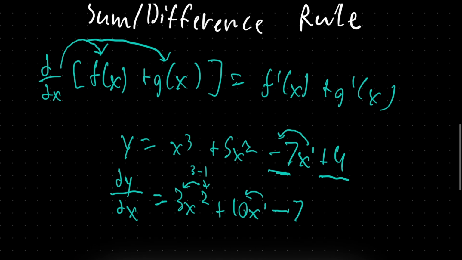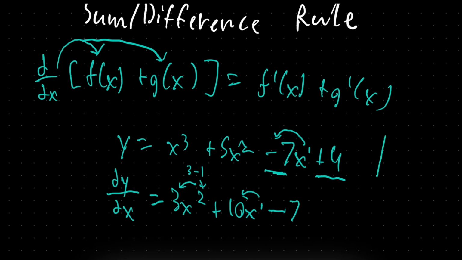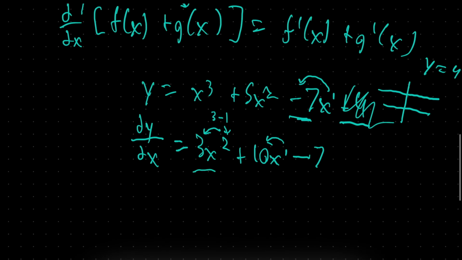Well, you don't really need a rule for this, but if you have a function that's just y is equal to 4 the entire time, the derivative does not change with respect to x, right? So this term just ends up disappearing altogether. So this is our final answer for the derivative of this function, or this equation here.